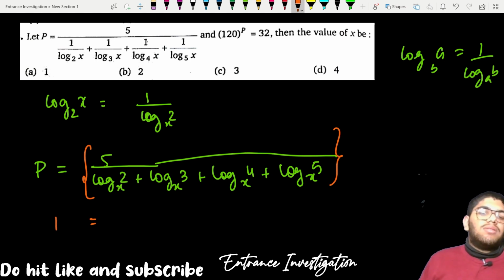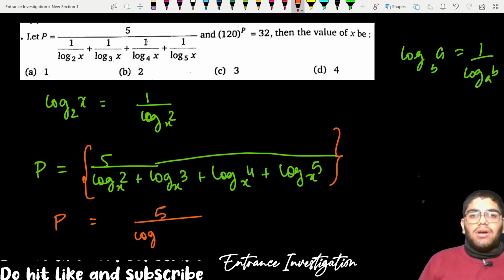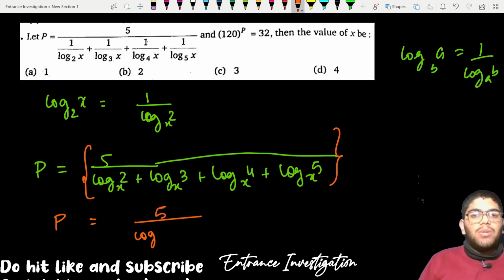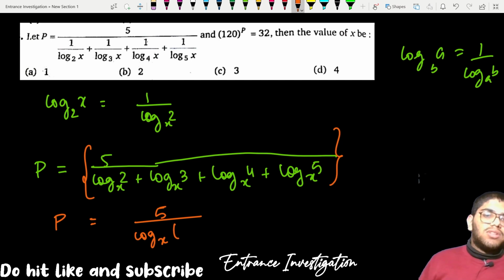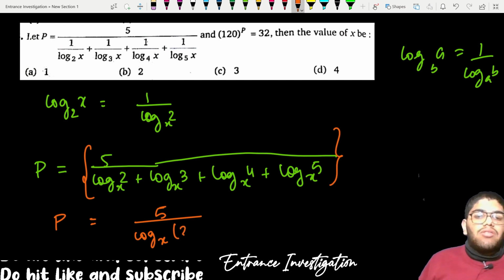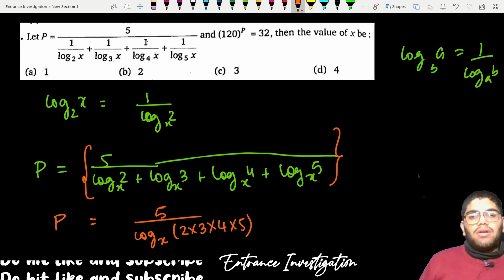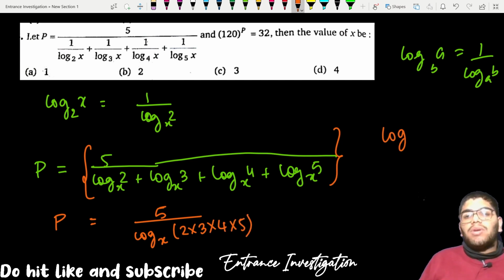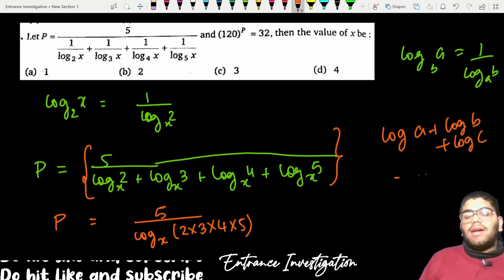So I will simply write this p as 5 over log of, now x has to be positive for this logarithm to be defined. So of course x is positive, and 2, 3, 4, 5 are constants and hence positive, so we can write this as 2 into 3 into 4 into 5, and this thing applies from this property, log a plus log b plus log c and so on.